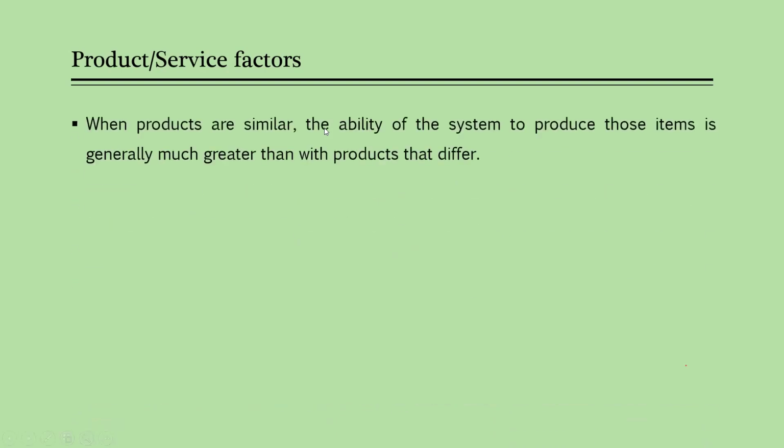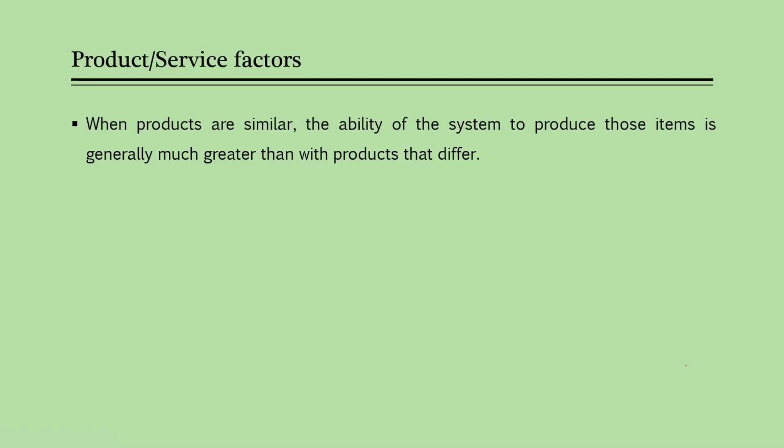So now let's see the product and service factors. When we have similar products, then it's easy to produce the products in larger quantities. But if we have different products, then it's difficult to produce within a short span of time.